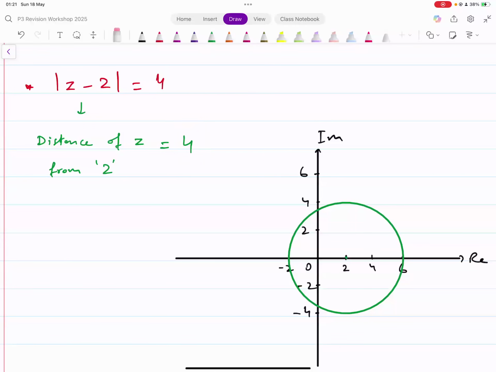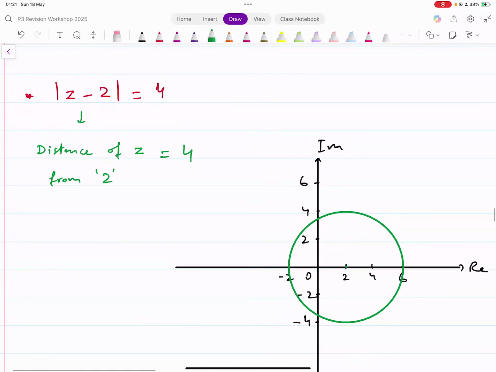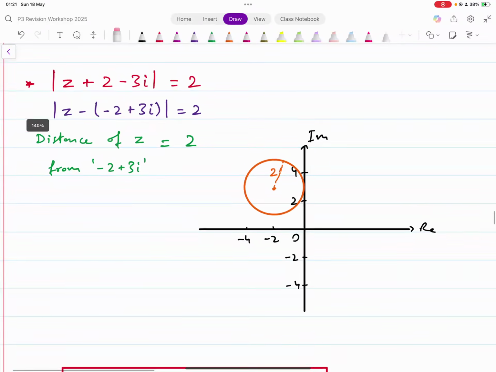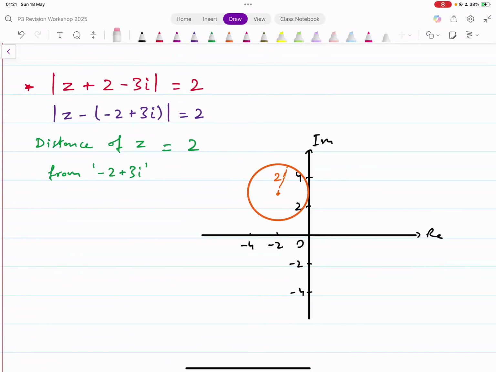So what's the locus going to be? It's going to be a circle with this point as the center and this as the radius of the circle. Okay, so you draw a circle like this with 2 as the center and radius equal to 4. If you have z plus 2 minus 3 iota, now this is not the standard form. So the first thing you have to do is you always have to convert it to the standard form.